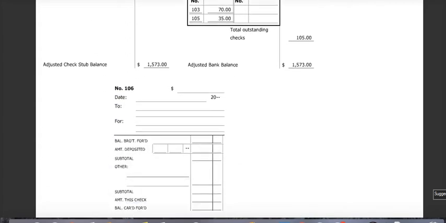Second part of our directions is down here. We are to record the service charge on check stub number 106. So this is check stub number 106. We need to go down here. Our balance brought forward was 1575. I'm getting all of these numbers from the left side that we just completed above. Bring that subtotal down. There was nothing deposited.